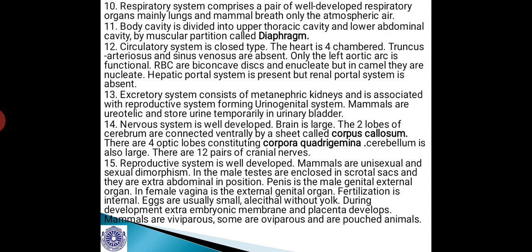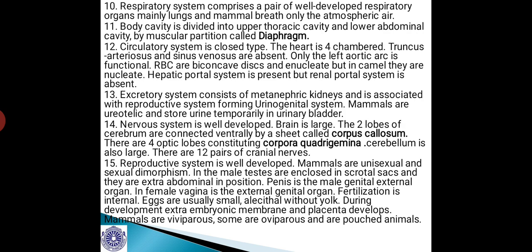Coming to reproductive system, it is well developed, and mammals are all unisexual animals and exhibit sexual dimorphism. And in the male, testes are enclosed in scrotal sacs, a very unique feature not seen in any other animal groups, and they are extra-abdominal in position. That means the testes are present outside the abdominal cavity in males in sacs called scrotal sacs.